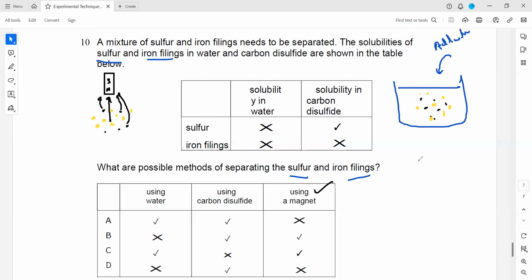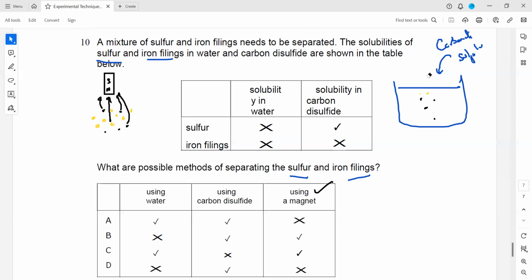And when we use carbon disulfide instead of water, if carbon disulfide is used as a solvent, it will dissolve sulfur. So sulfur will be soluble and the iron filings will be insoluble.